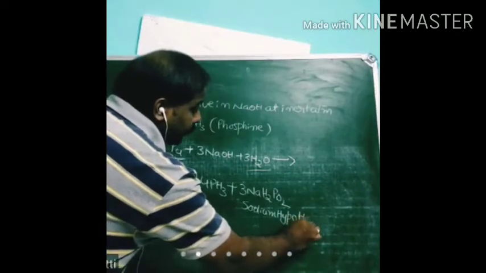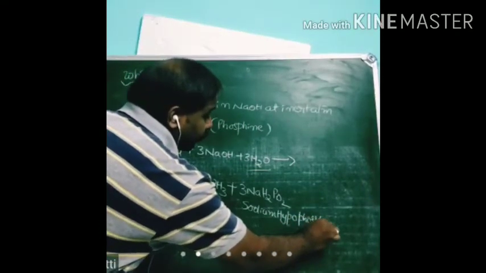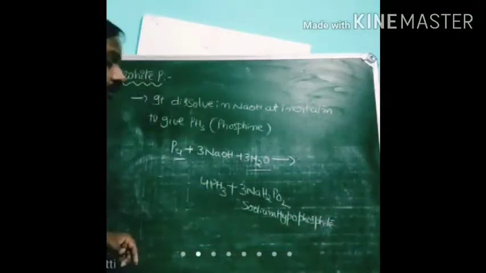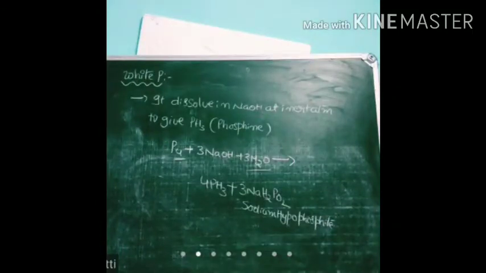This is the way of preparation of phosphine. So, white phosphorus dissolved in NaOH at inert atmosphere gives phosphine, and phosphine is a poisonous gas. Next point.